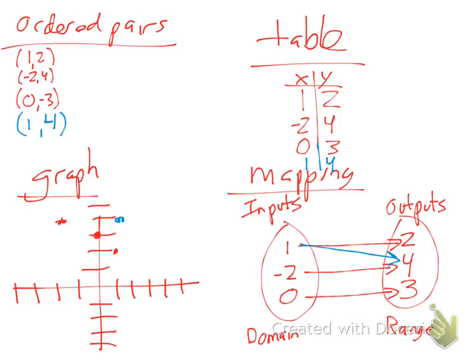Now here's the thing. If I just gave you the mapping, would you be able to make the others? Would you be able to say, hey, wait a minute, 1 goes to 2, so one of the points is 1, 2. It also, 1 goes to 4, so 1, 4 is an answer. -2 goes to 4, 0 goes to 3. I have to be able to go through, given 1, find all the others. And that's all we're going to do.